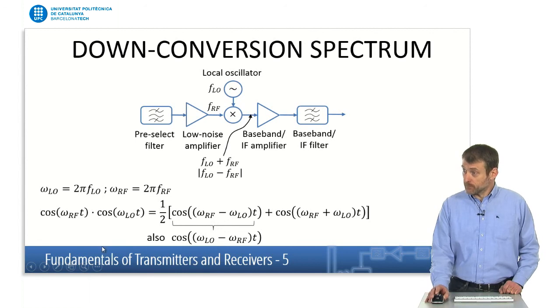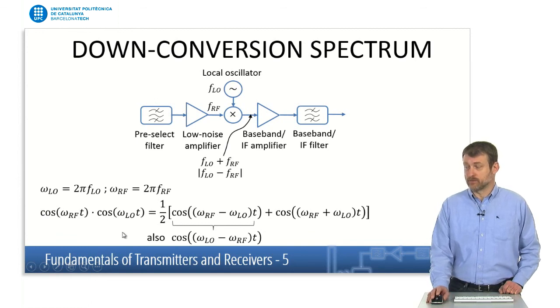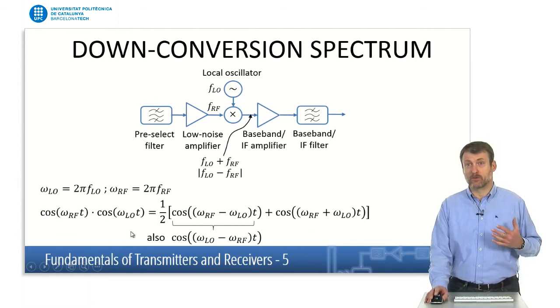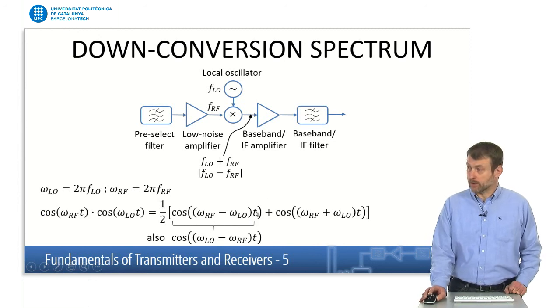And again, we would have the product of two signals of different frequencies, and the same trigonometric identity would apply. We would have a term with the difference of both frequencies and another term with the sum of these two frequencies. Then with proper filtering, we would only retain this frequency term.